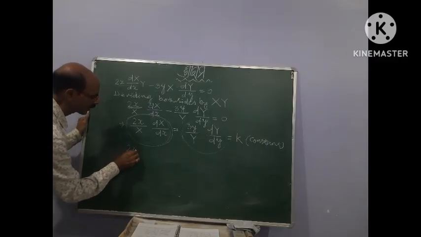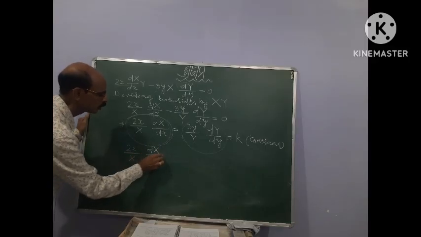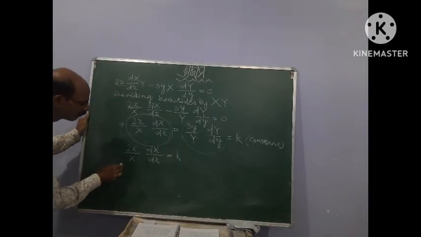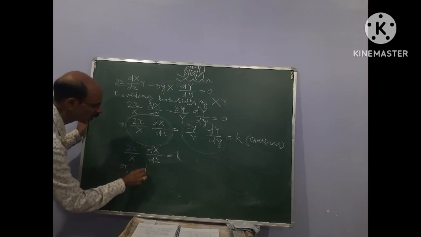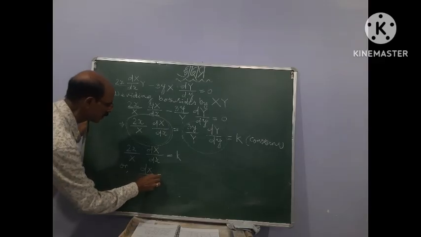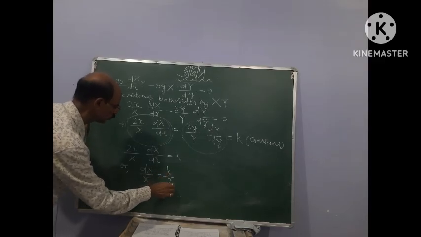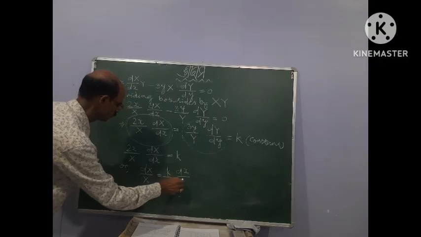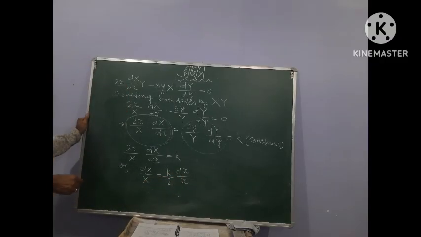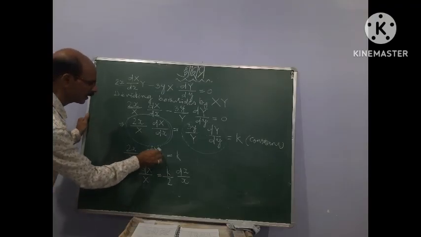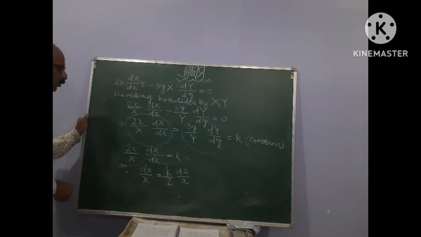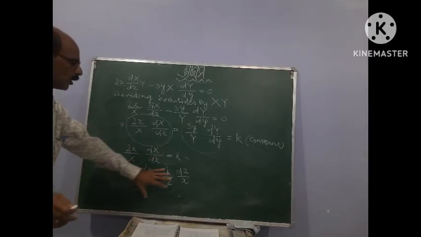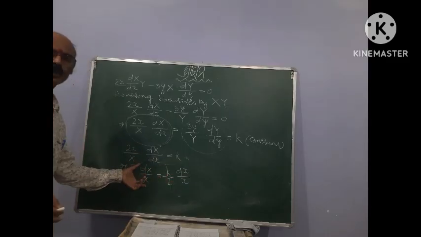Hence, I can write dX/dx is equal to k, or I can write dX/X is equal to k/2 dx/x. This dx/x, then dx goes this side, so k/2 dx/x. Now only small x is left on this side, and only capital X is left on this side.